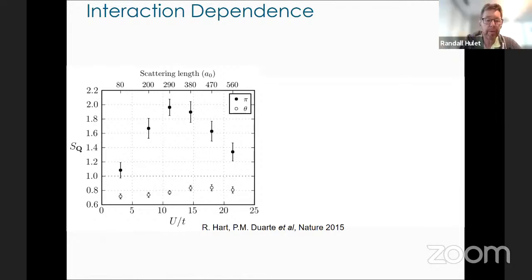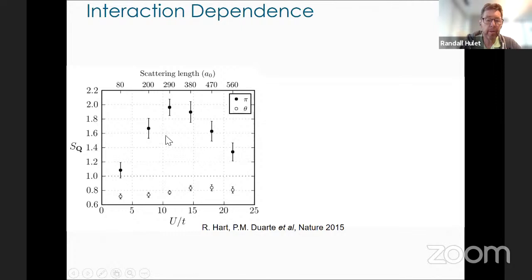So this is the spin structure factor, S of Q, as a function of U over t. And as I was mentioning earlier, there should be a peak somewhere around U over t of about 10. And indeed there is. So the black filled dots are for the camera at the pi pi pi direction, and the open circles are for the camera at the theta direction.